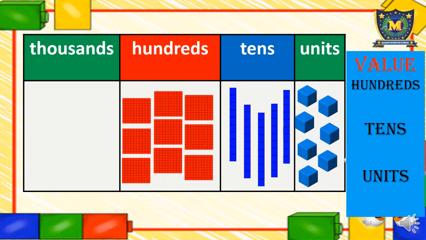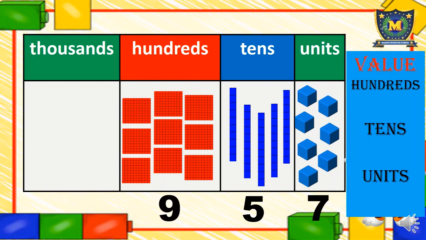Now, how many units do we have here on the units place? If your answer is 7, then you're right. How about the rods on the tens place? How many rods do we have here? Yes, great job. We have here 5 rods. And how about the flats on the hundreds place? Terrific. We have here 9 flats.